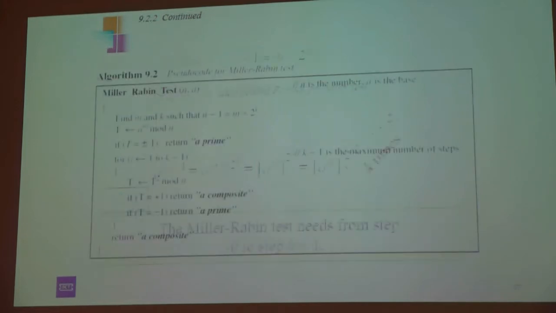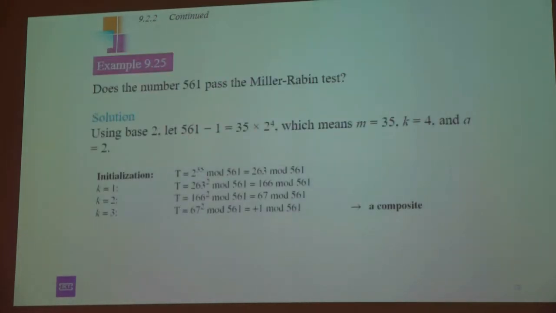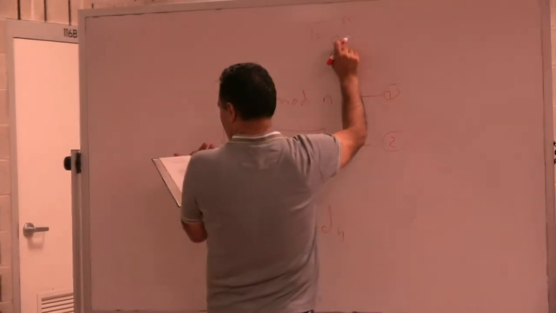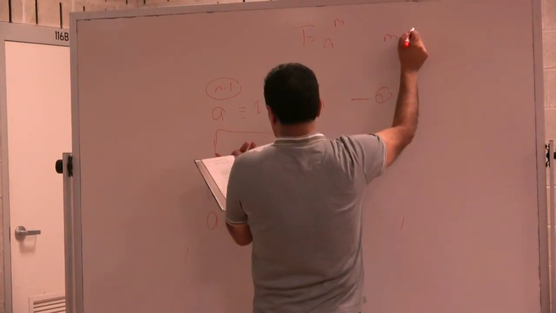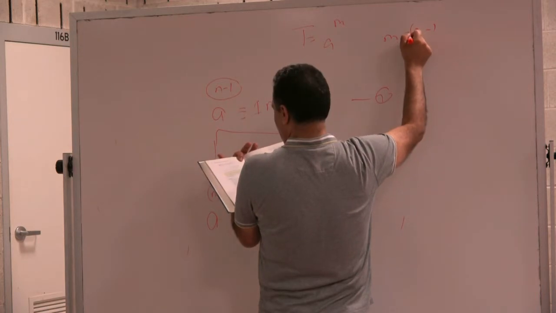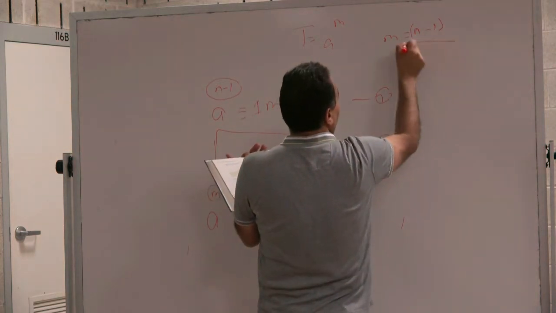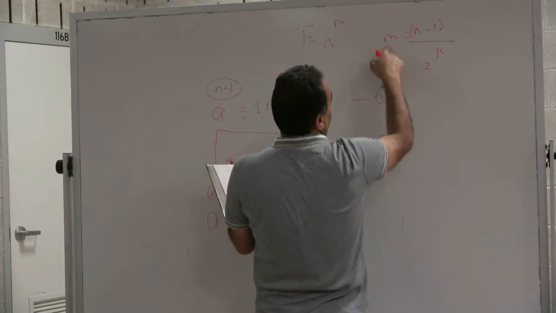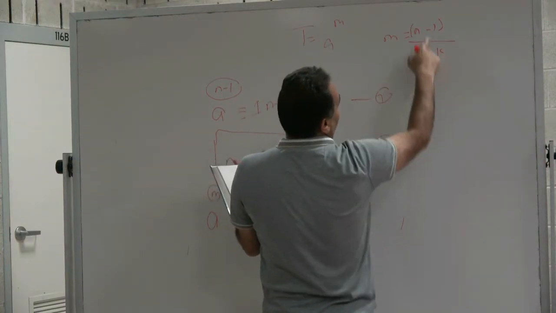So the steps basically are: you choose a and calculate t equals a to the power m, in which m equals (n minus 1) divided by 2 to the power k, because we said that multiplying m with 2 to the k gives you n minus 1.